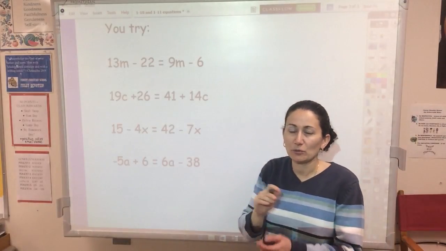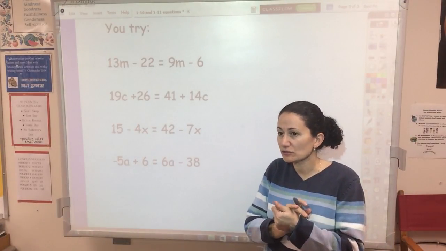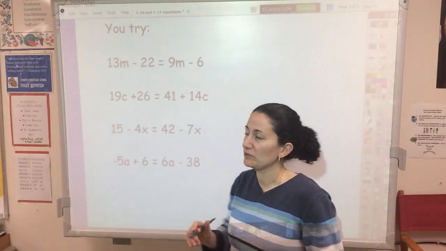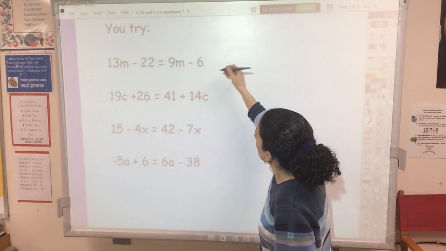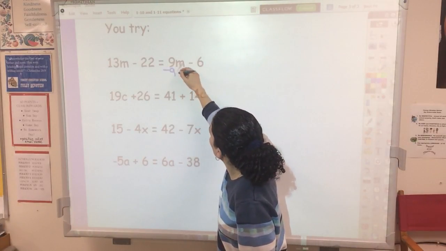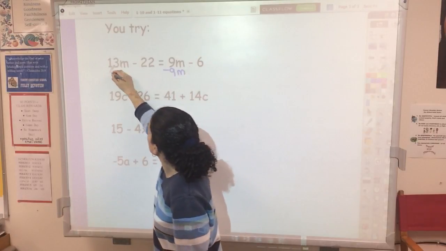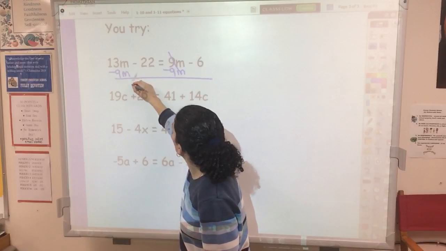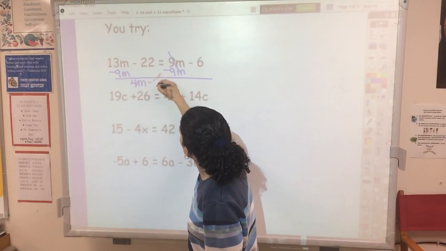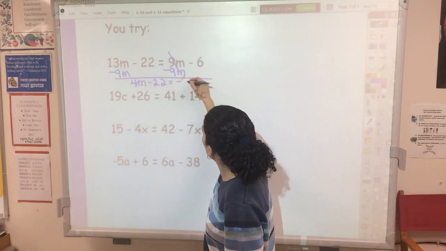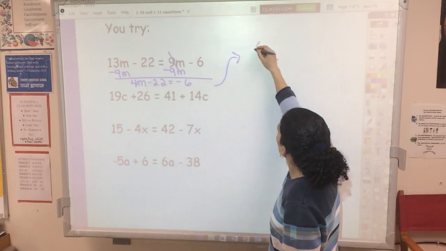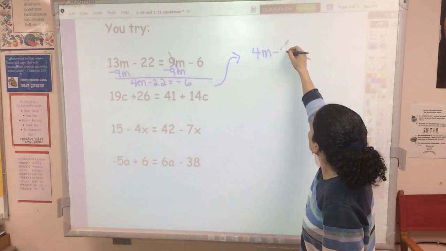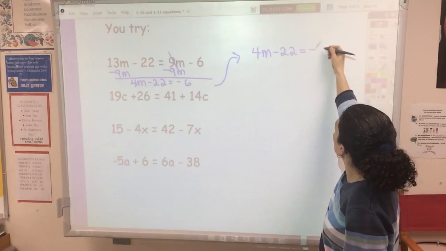Okay, let's go over your work and see if you understand how to solve equations with variables on both sides. So, first one, I'm going to move the 9m from both sides. That cancels, and I'll have 4m minus 22 equals negative 6. Okay, let's go over here. 4m minus 22 equals negative 6.